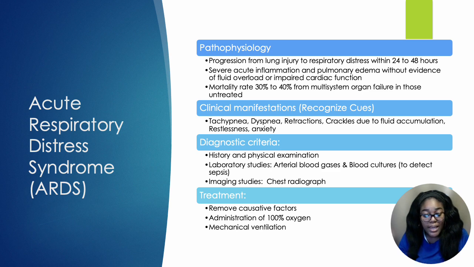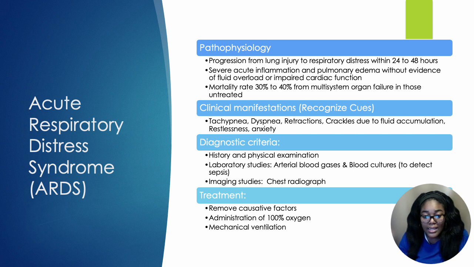As far as your clinical manifestations, you have tachypnea, dyspnea, retractions, crackles due to fluid accumulation, restlessness, and anxiety. As far as your diagnostics, you want to have a history and physical examination, but it's also the presence of symptoms. Acute respiratory distress syndrome is a medical emergency, and this is an airway issue. You have to protect that individual's airways.